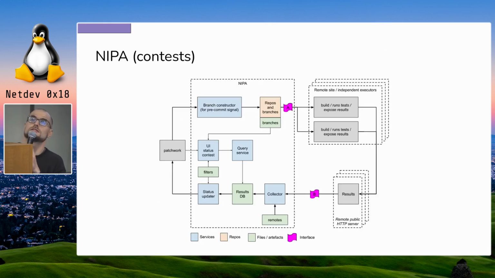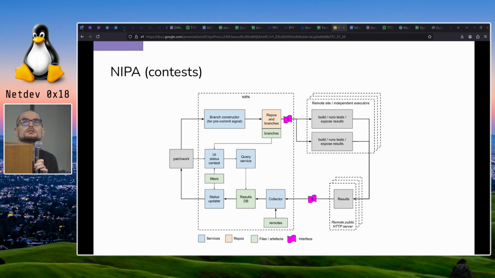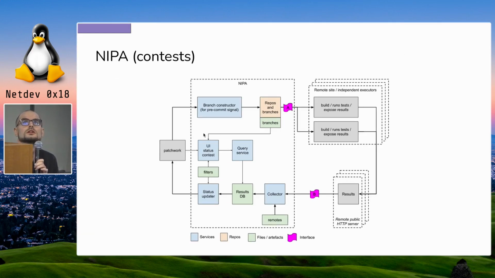So this is the flow of the entire system. I know it's probably unreadable, but there's Patchwork on the left. We ingest the patches. Then we create a JSON file with the branch descriptions. And then there can be a remote site.